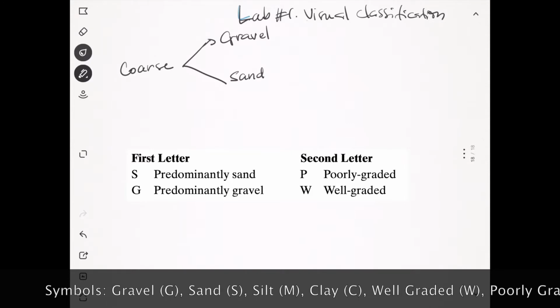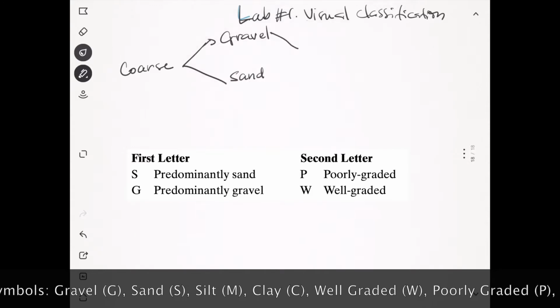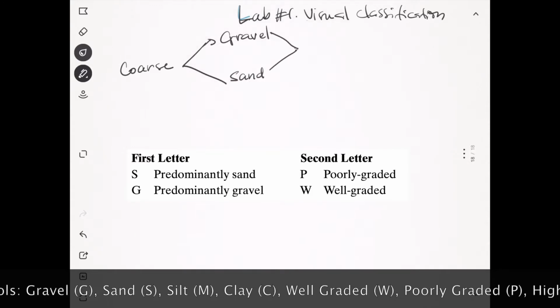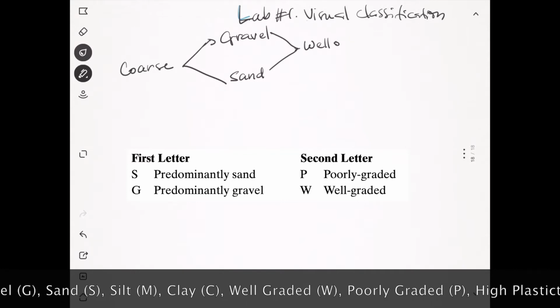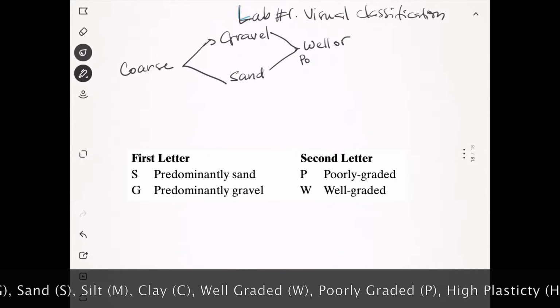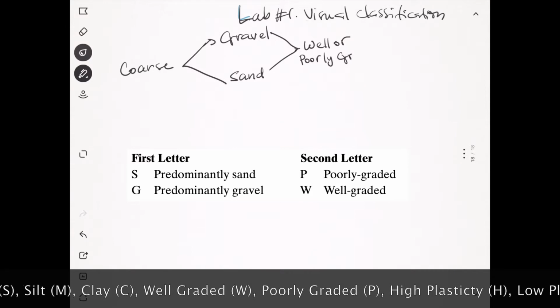And then these two types of soil, the coarse-grained soils, can be classified as well graded or poorly graded.